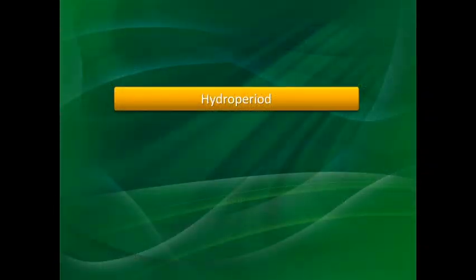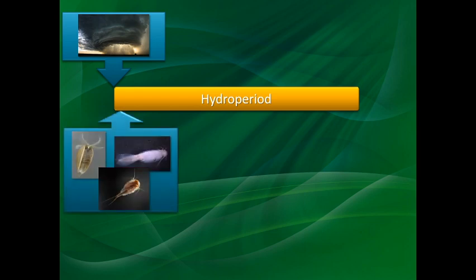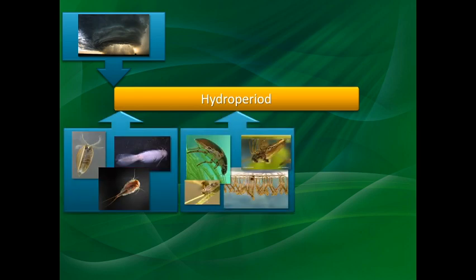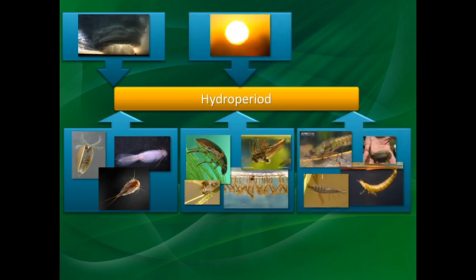So what I want to think though about is looking at what happens to the trophic structure throughout the hydroperiod. So if we think about a thunderstorm coming, filling up a playa wetland, these crustaceans are hatching out, insects are coming in and colonizing, but then the pond starts to dry out.